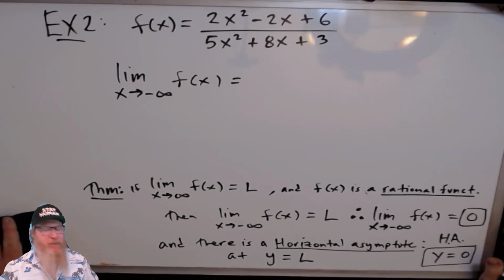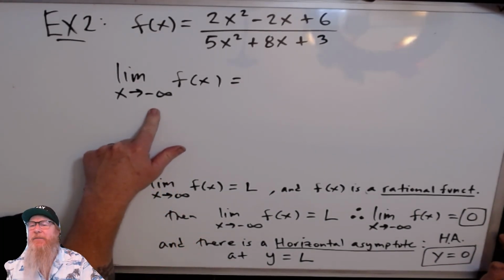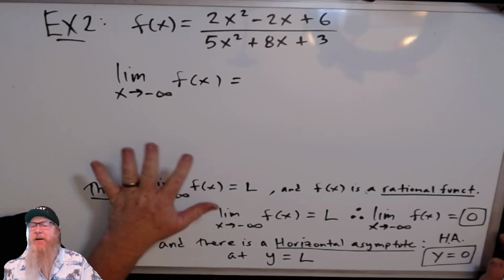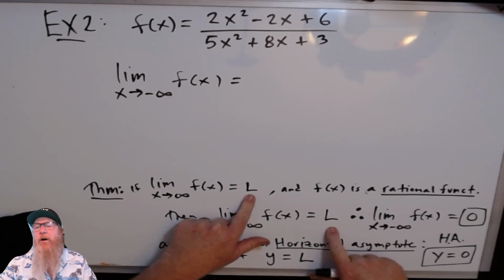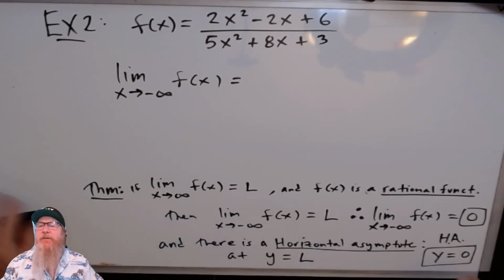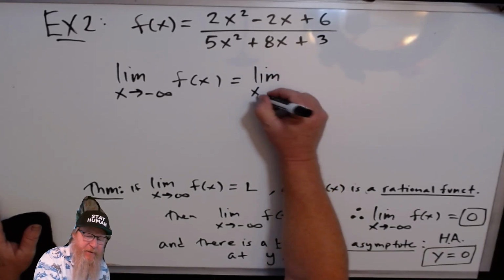Doesn't really matter. Sometimes I start with positive infinity, sometimes with negative infinity. It really doesn't matter, because if one of these exists, then the other one also exists and is equal to the same value. So I'm starting with negative infinity this time.